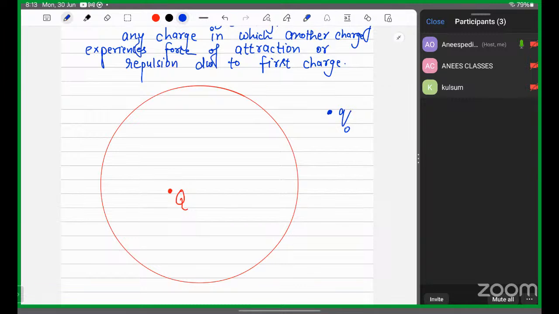Interesting point: if charge Q naught is just outside the boundary of this region, the red colored boundary, there will be no force on Q naught due to capital Q. But as soon as Q naught enters the region of capital Q, given by the red colored circumference, in that region Q naught will experience electrostatic force.